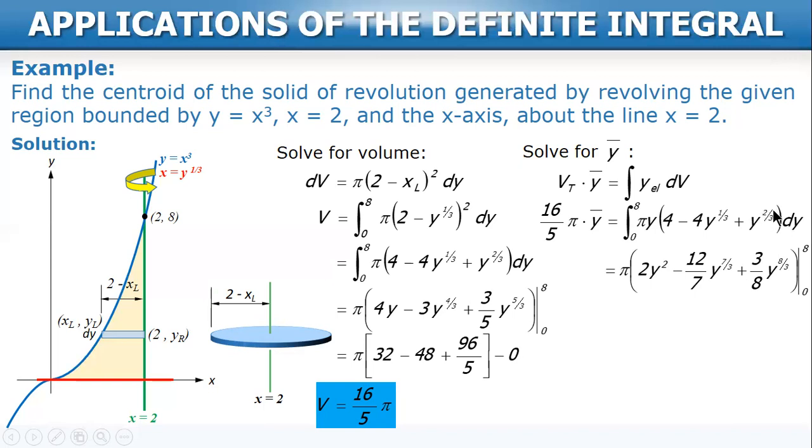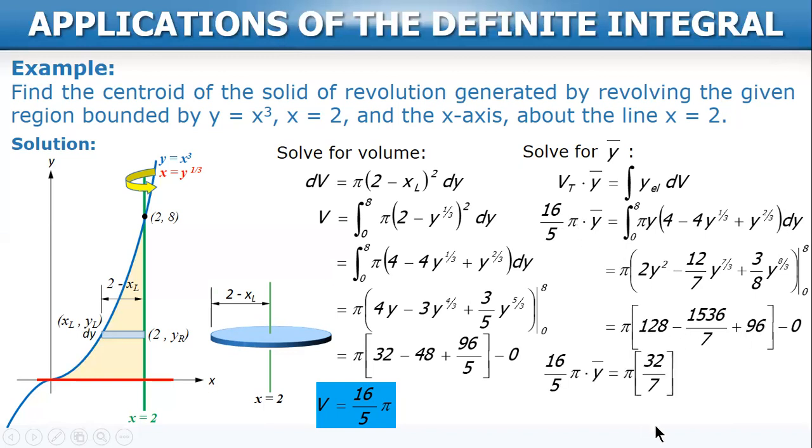Integrate, plus 1, 8 over 3, over 8 over 3, reciprocal, that's 3/8. And then evaluate from 0 to 8. And then simplify, equate sa left side. Cancel ang pi. And then you can solve for y bar.